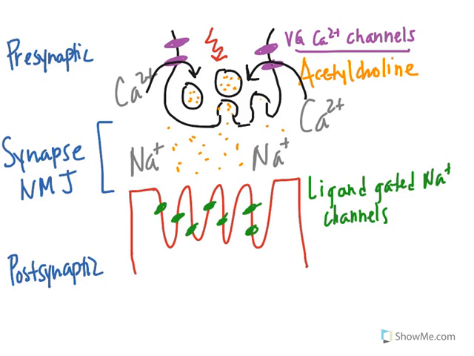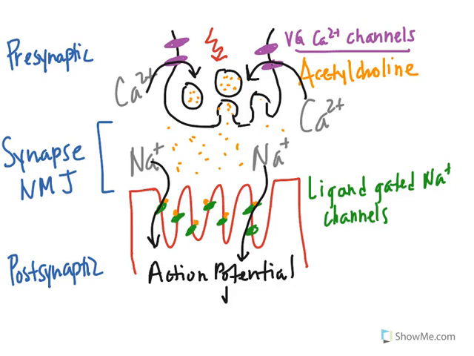Now, this allows the acetylcholine to bind to special receptors on the sodium channels, causing the sodium channels to open, allowing sodium to flood down its gradient into the muscle cell. This causes an action potential, leading to, ultimately, muscle contraction.